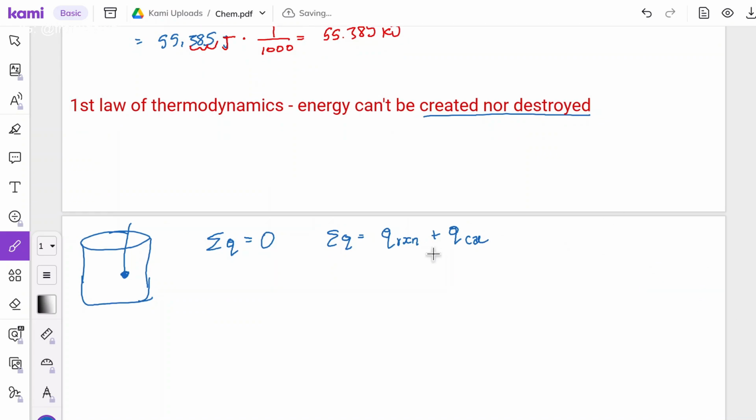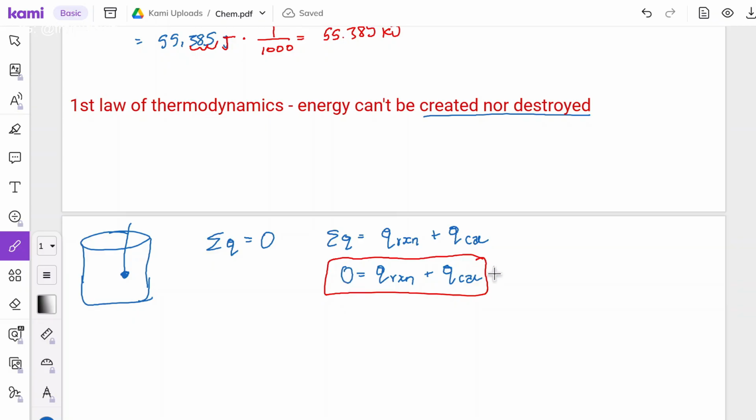And since this is always 0 in a calorimeter, 0 equals the Q of the reaction plus the Q of the calorimeter. You can leave it this way and remember it like that: in an isolated system, the sum of all the Q's is always going to be 0.